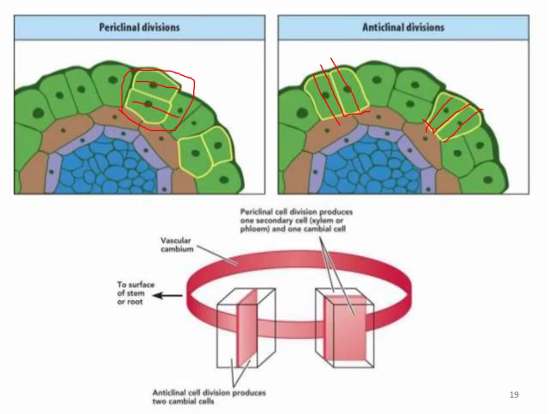Periclinal cell division occurs more in plants than in other living organisms. Simply, you can say that anticlinal division is at right angles to the surface. Due to this, the anticlinal wall of a cell is arranged perpendicular to the surface of the plant body.